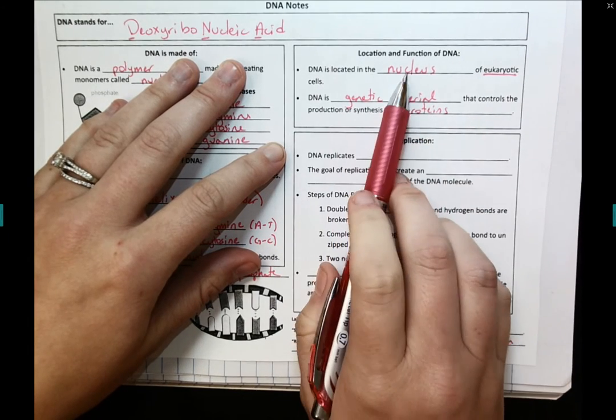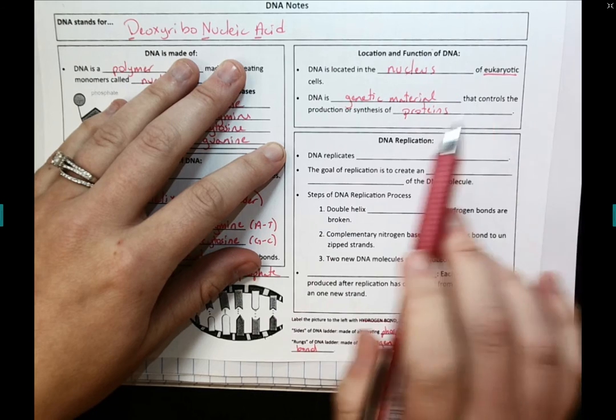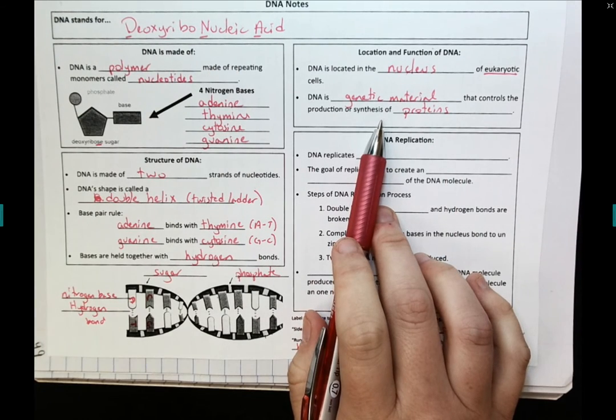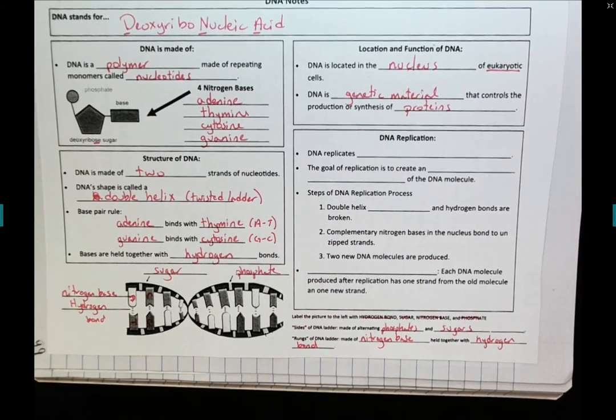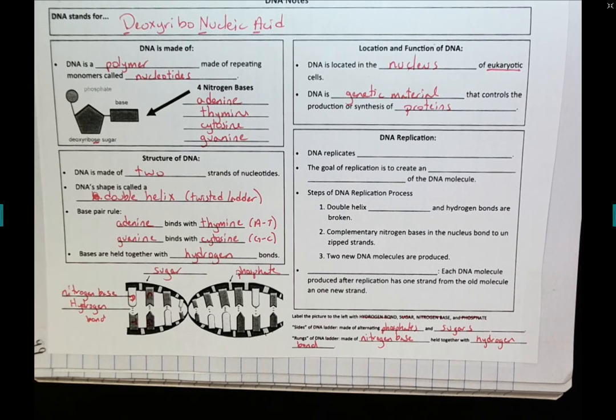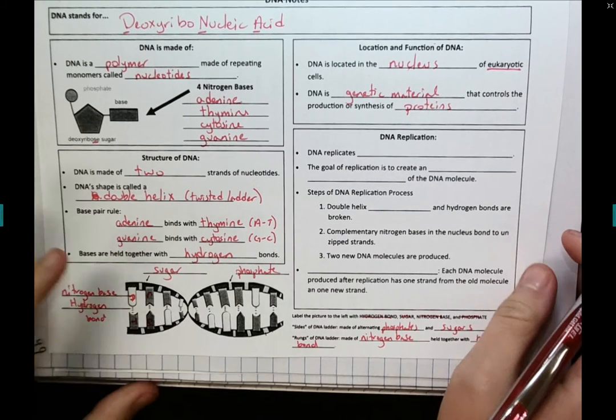So location is in the nucleus, function is to have the instructions to make proteins. And we know proteins are very important because they create things like hemoglobin and insulin, which help us to live.